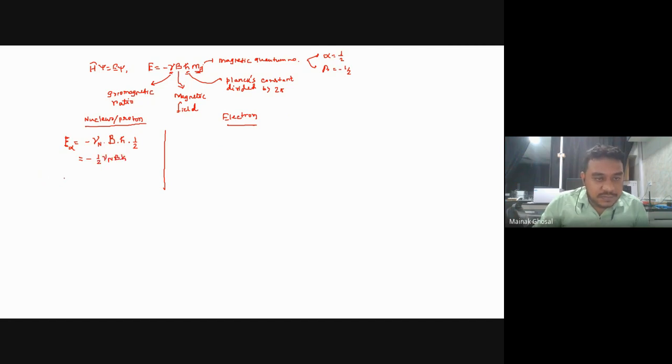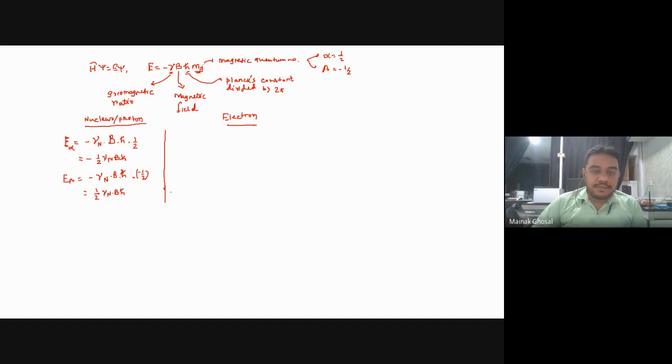Similarly, the energy of the beta state is minus gamma n B H cross into minus half. The negative and negative give a positive sign, so it is plus half gamma n B H cross.